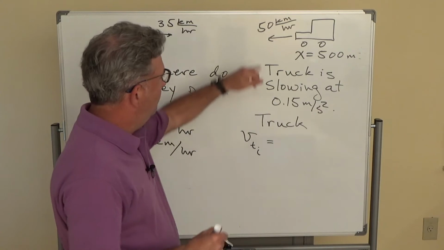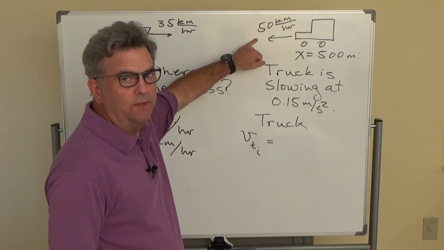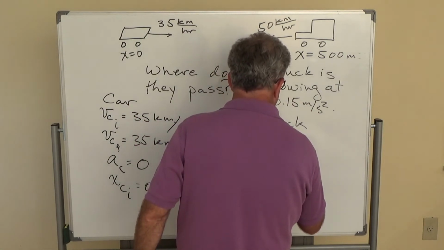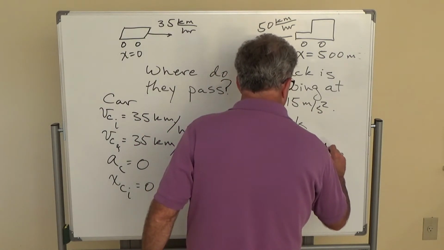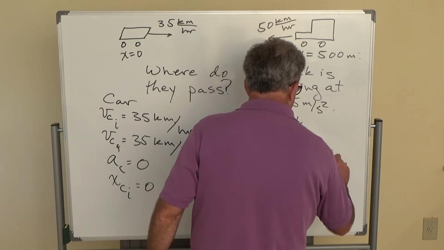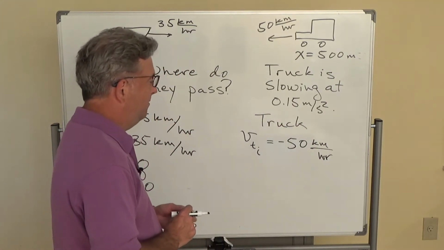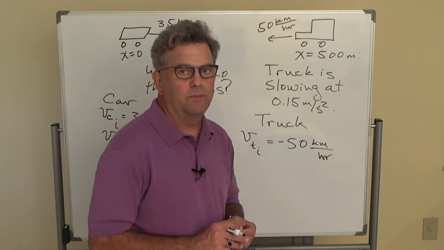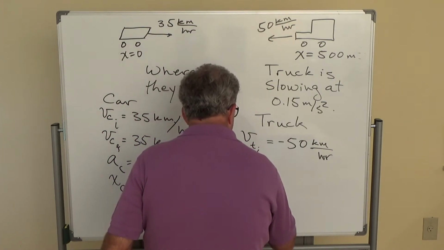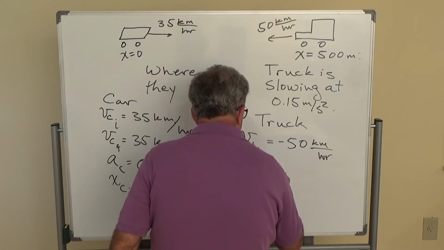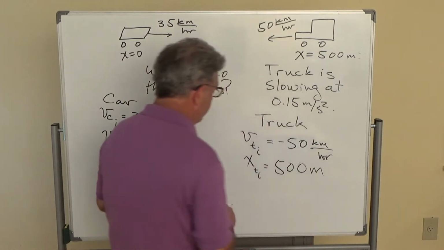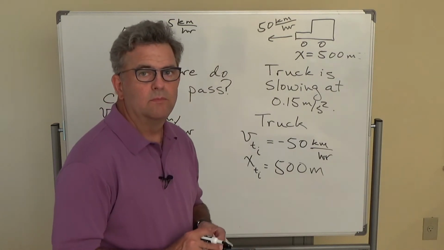Well, it's obviously a magnitude of 50 kilometers per hour, but it's negative. Negative 50 kilometers per hour. Okay. Negative 50 kilometers per hour. All right. X truck initial. That's equal to 500 meters. Okay?